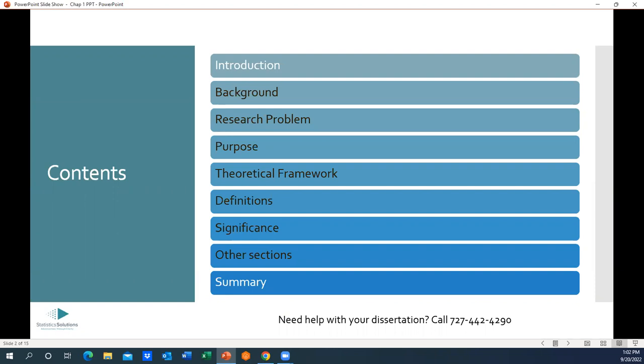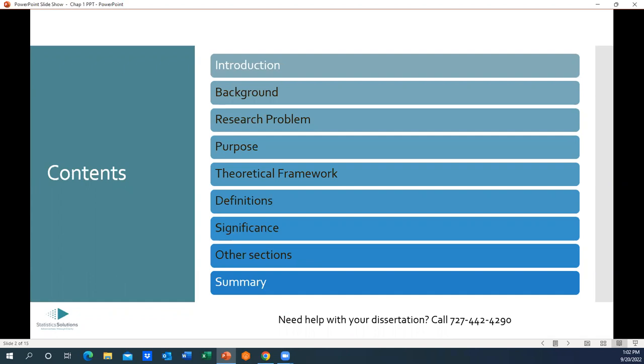Chapter 1 is the introduction, chapter 2 is the literature review, chapter 3 is the methodology, chapter 4 is the results, and chapter 5 is the discussion.